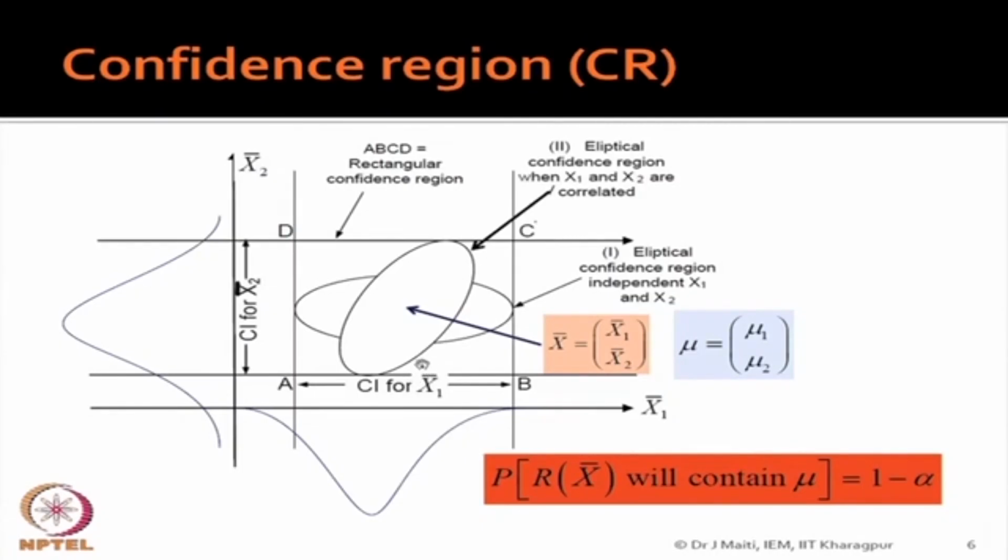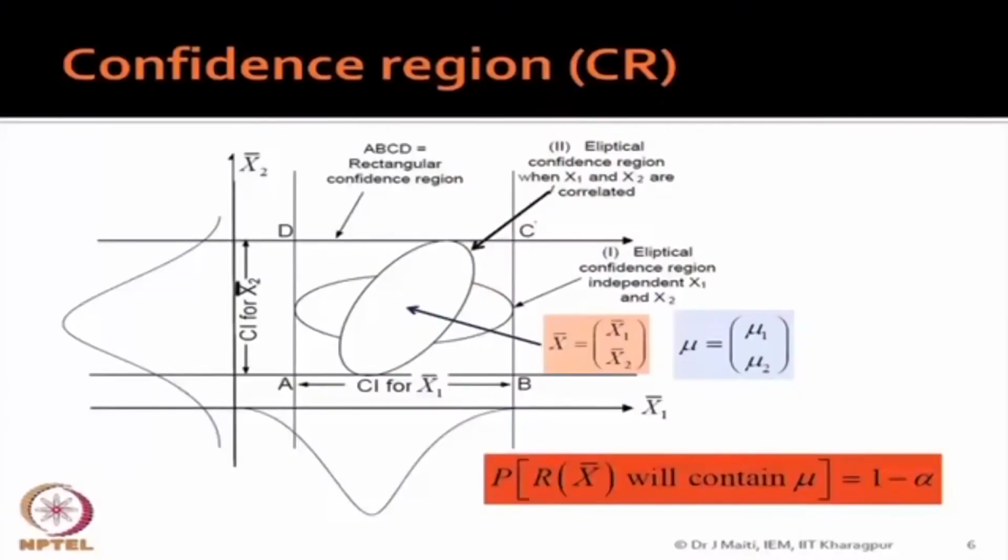For which variable is it? Is it out of control for variable x1 or for variable x2? You cannot make any comment based on this confidence region, that confidence ellipse.